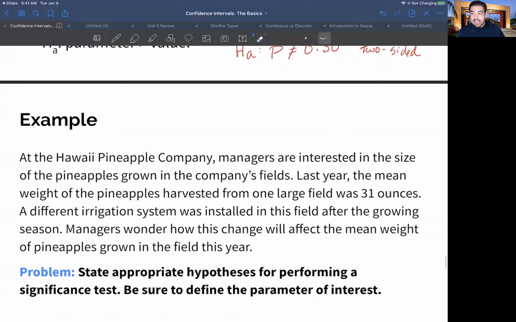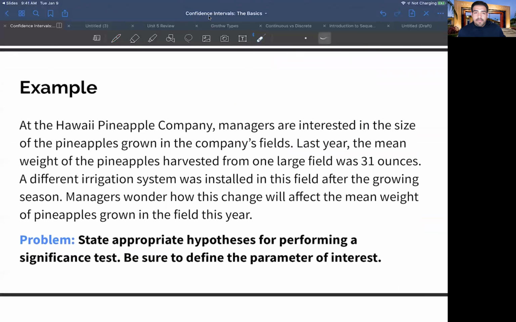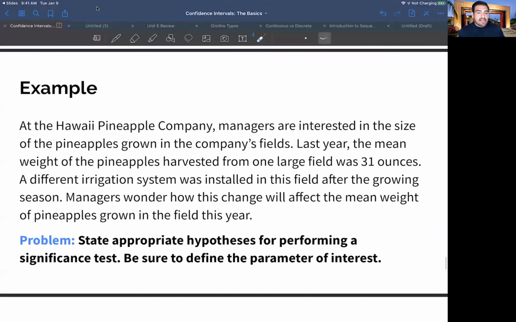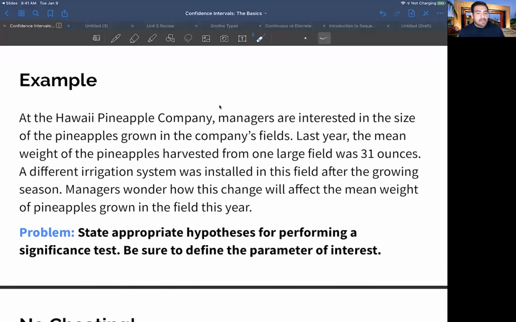So let's look at this example really quick. At the Hawaiian Pineapple Company, managers are interested in the size of pineapples grown in the company's fields. Last year, the mean weight of pineapples harvested from one large field was 31 ounces.